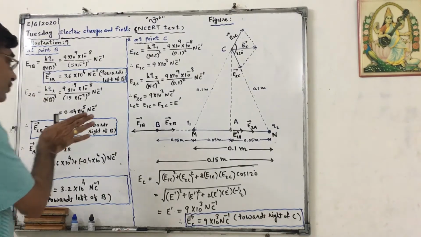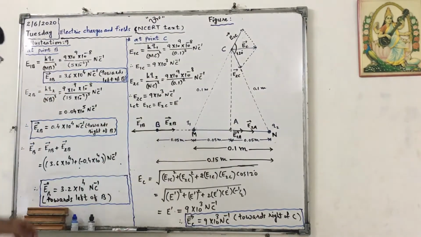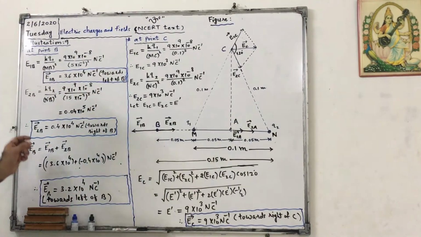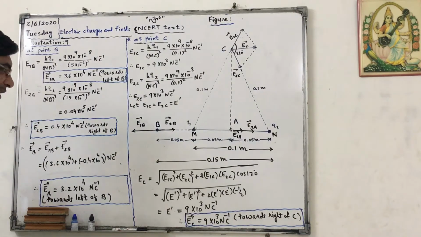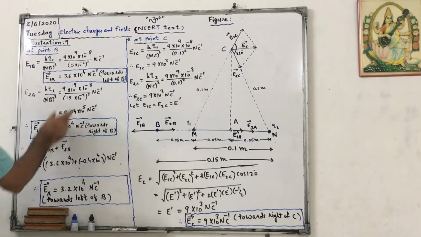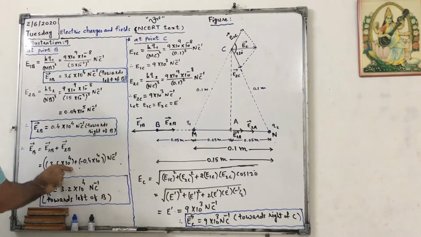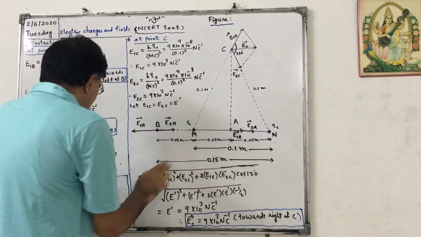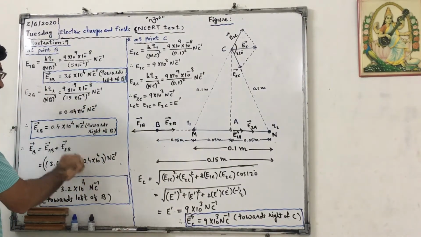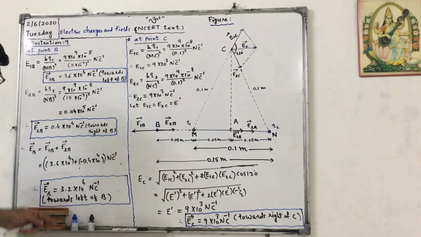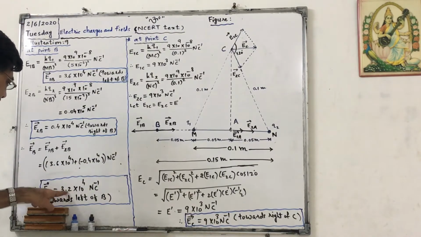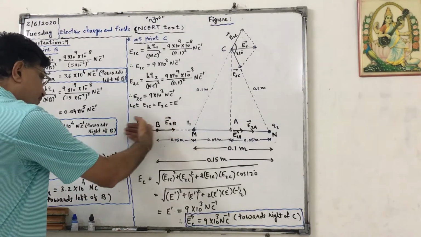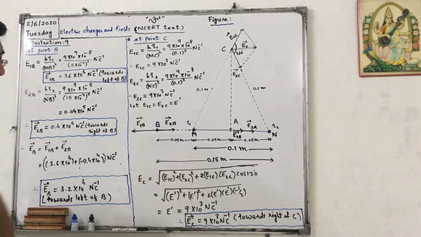And that will be towards right of B. So vector E at B, the resultant intensity at point B, will be equal to vector E1B plus vector E2B. Vector E1B is 3.6 into 10 raised to 4 plus vector E2B, and as they are in opposite directions, I will have to write minus 0.4 into 10 raised to 4. So 3.6 minus 0.4 is 3.2 into 10 raised to 4 Newton per Coulomb. It is towards left of B because this has more value.